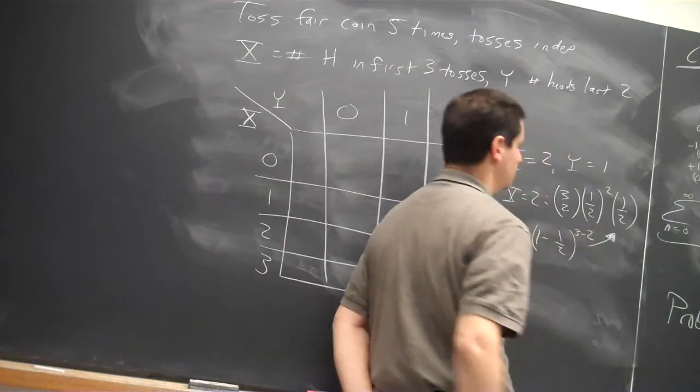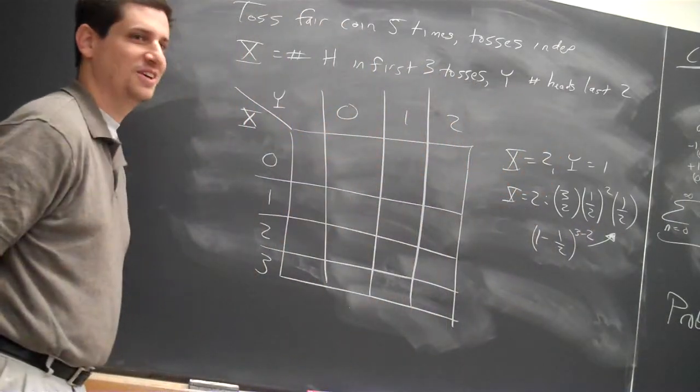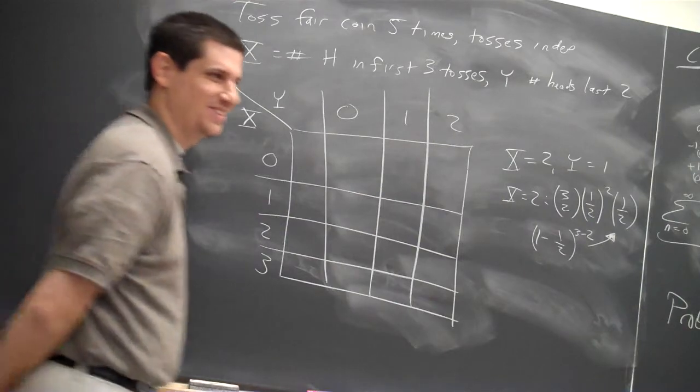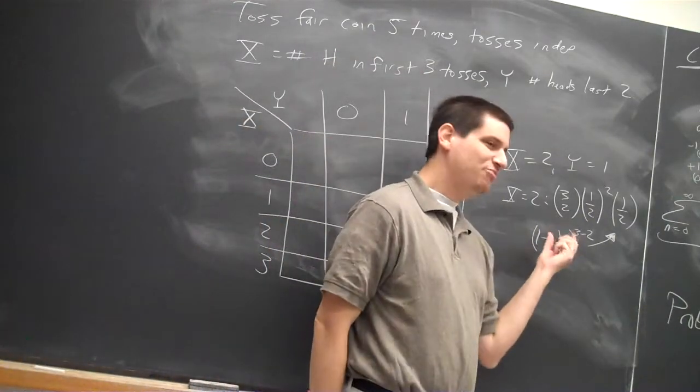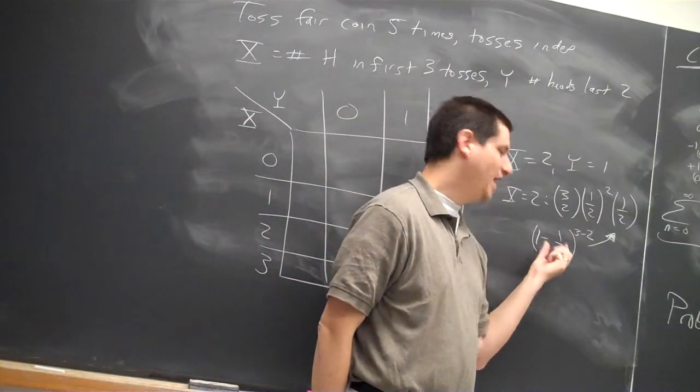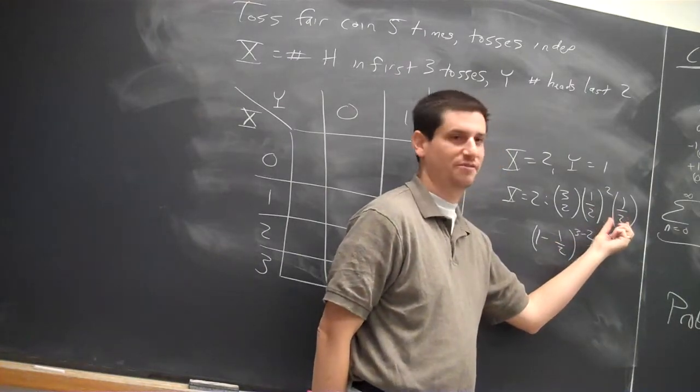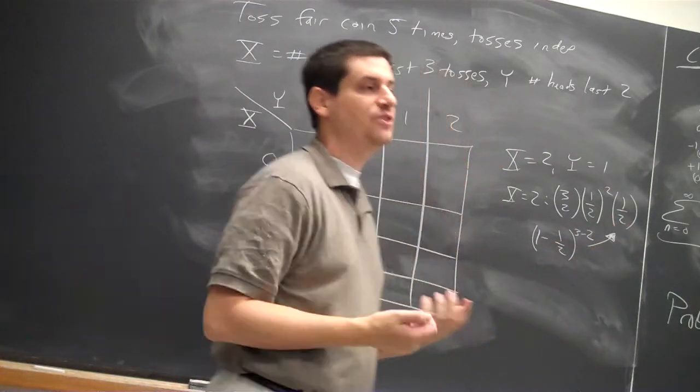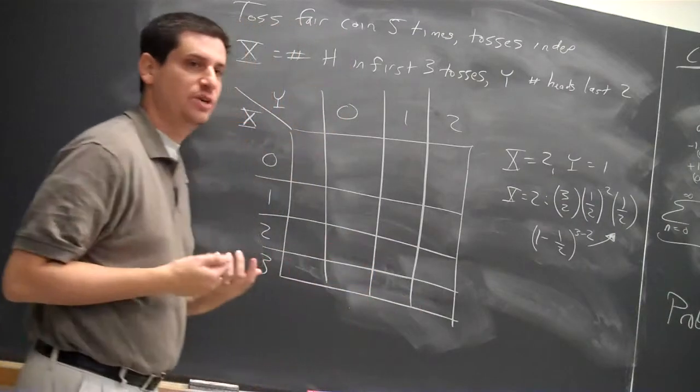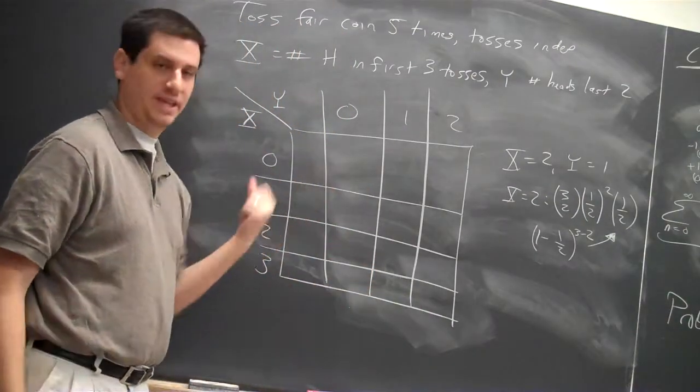If you want to be pedantic and correct, it's 3 minus 2. If you just want to be pedantic and incorrect, you can do 3 minus 1. Really, no one is going to write 1 minus 1/2 to the 3 minus 2. You're just going to write 1/2. This is one of the advantages of a fair coin. All sequences are equally likely, so I just need to know what the count is.